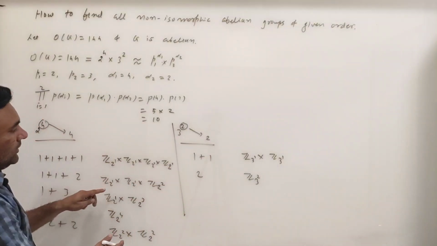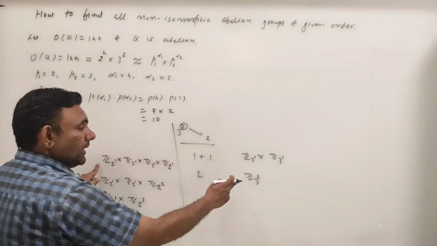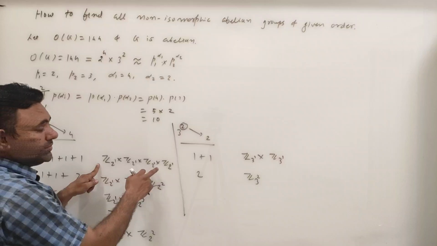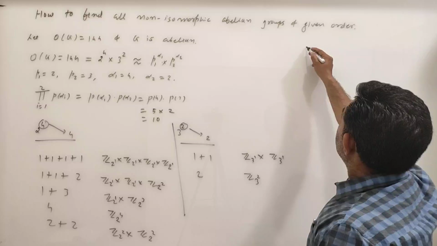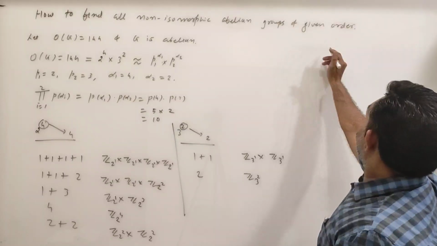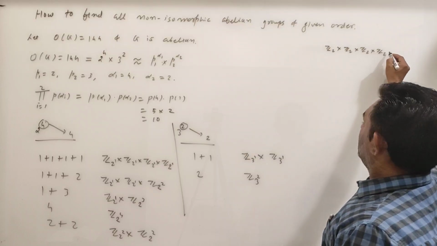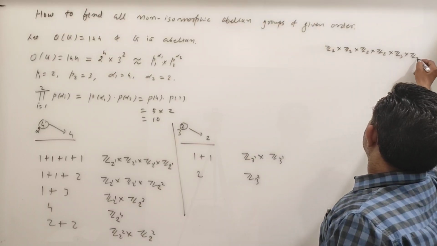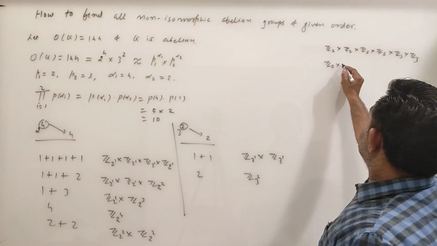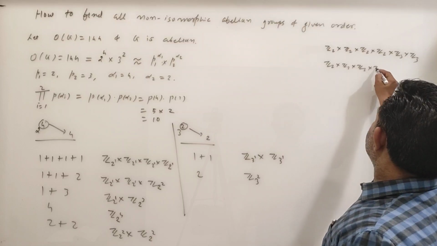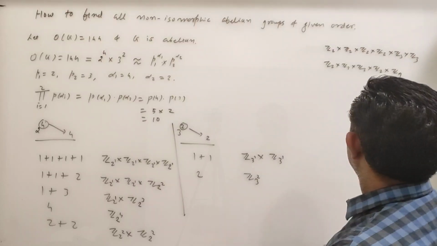So now you have 1 2 3 4 5, and here 2. So now you just consider the EDP of this with this one and this one. So you will get two groups, this into this one. So let me write here, it is Z2 cross Z2 cross Z2 cross Z2 cross Z3 cross Z3. Now this is Z2 cross Z2 cross Z2 cross Z2 cross Z9. 3 square is 9.